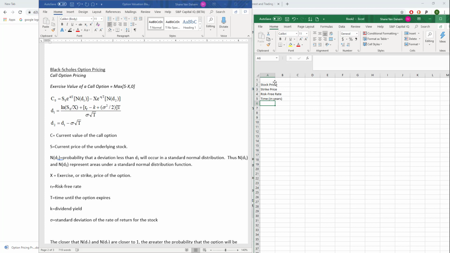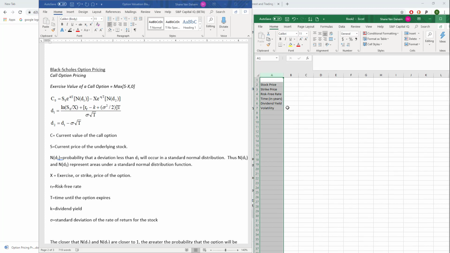We need the dividend yield, and then finally we need the volatility or the standard deviation, or the implied volatility. So we have 6 different inputs.